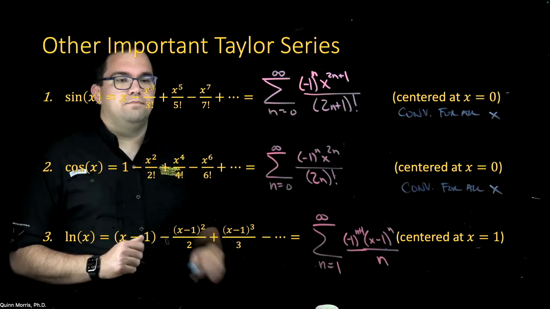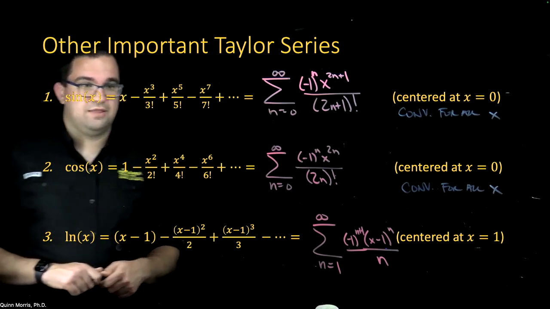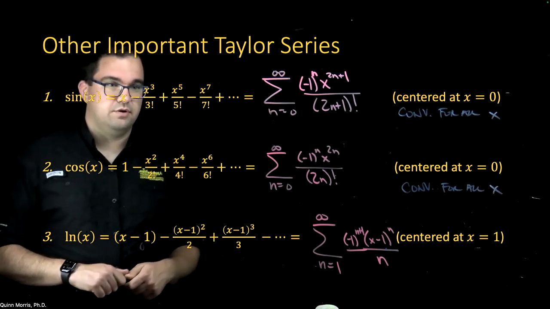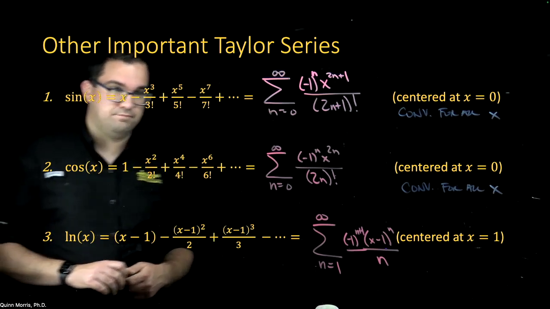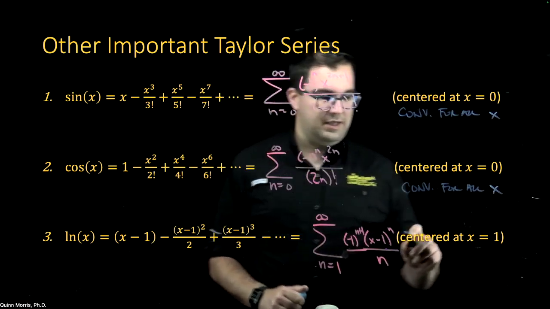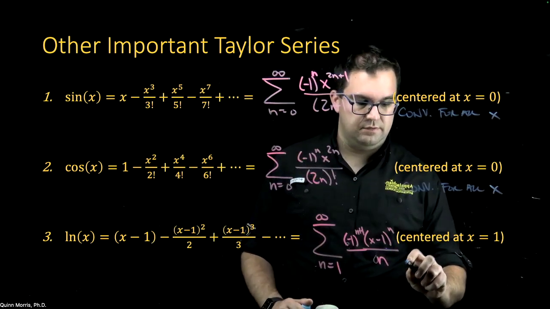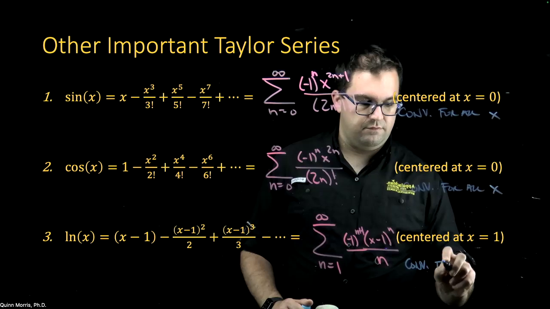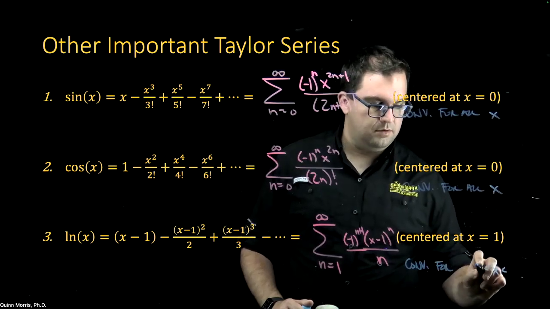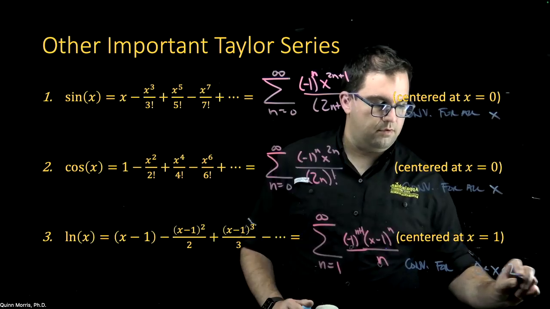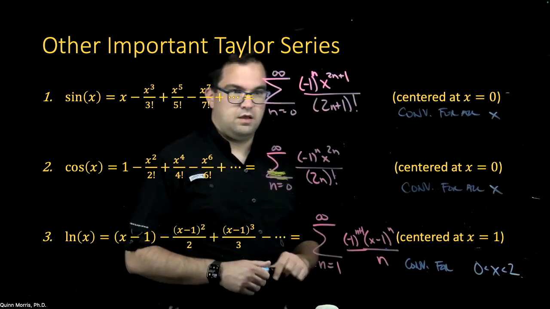If you actually calculate the radius of convergence here, you will get that the radius of convergence is 1. And so you'll get that this converges for x values between 0 and 2.